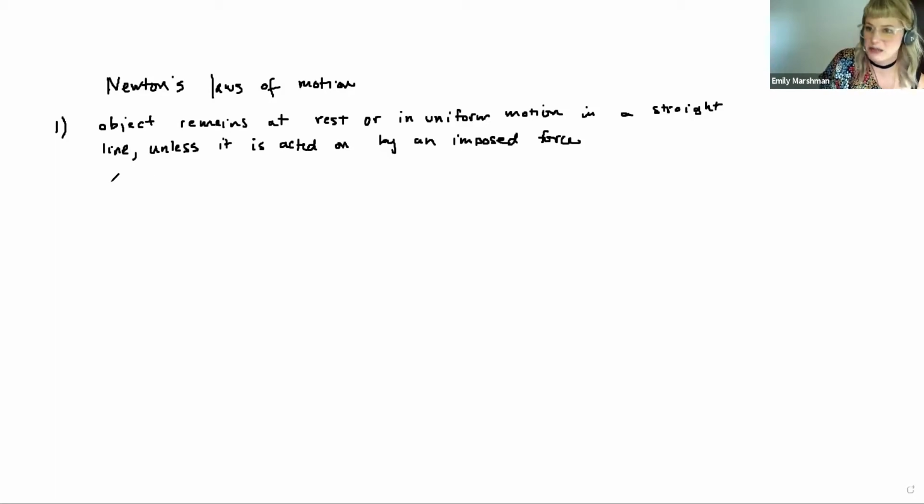So what does this mean, really? This means if there is no net force on an object, so if you sum all the total forces acting on the object and they add up to 0, so no total force on an object, means that the object is not accelerating.